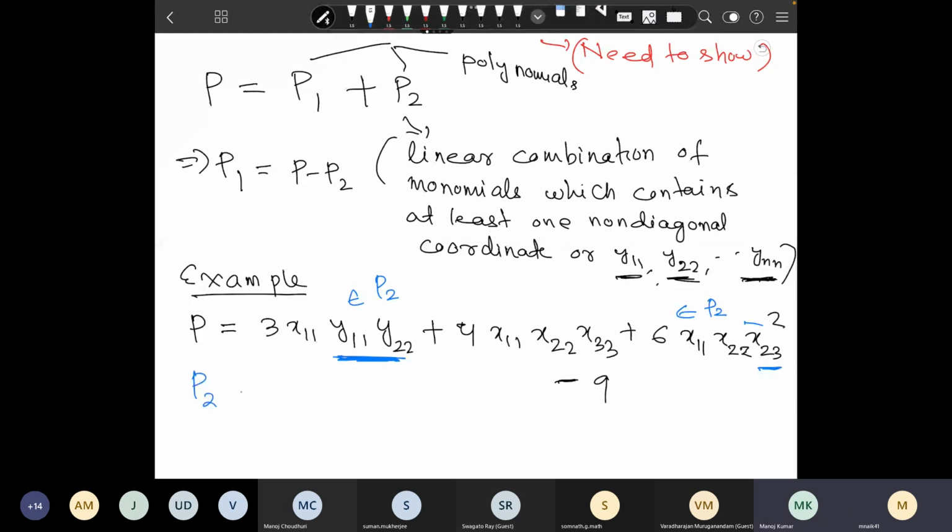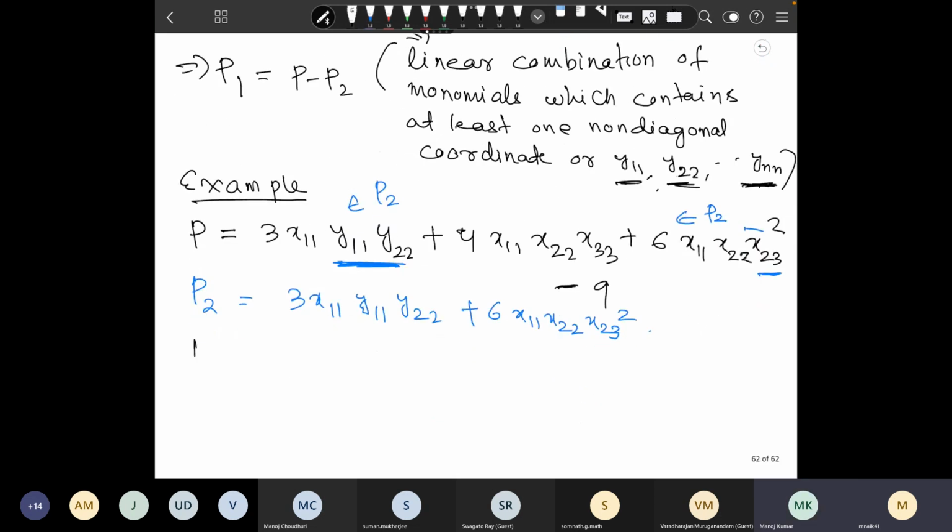So P2 is equal to 3 x11 y11 y22 plus 6 x11 x22 x23 square, and what will be my P1? P1 is equal to 4 x11 x22 x33 minus 9.